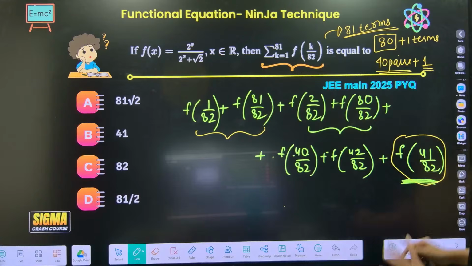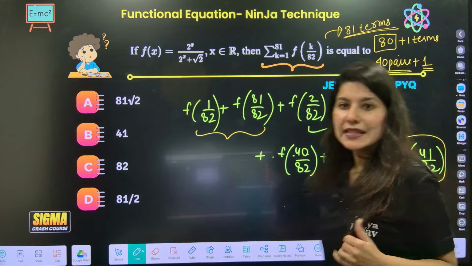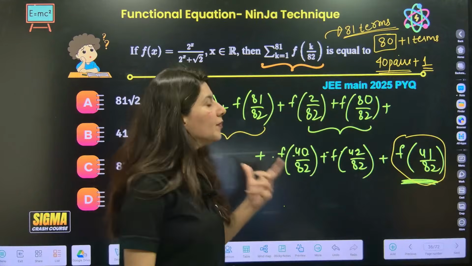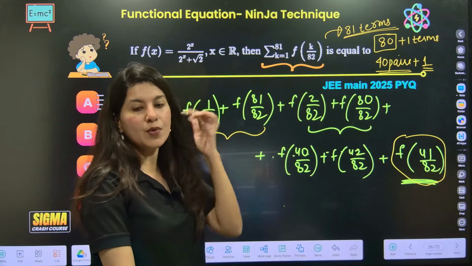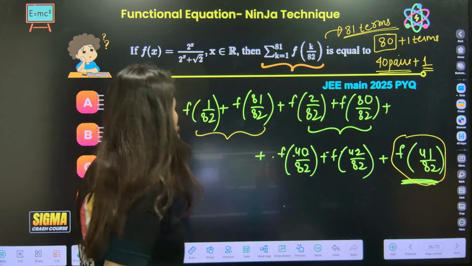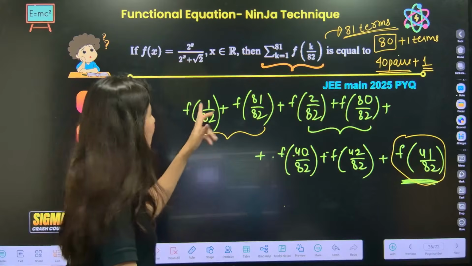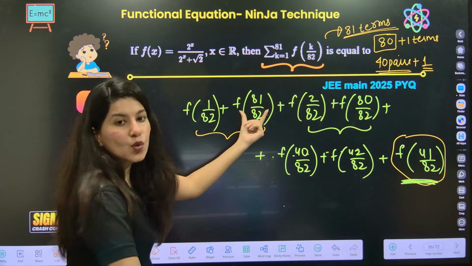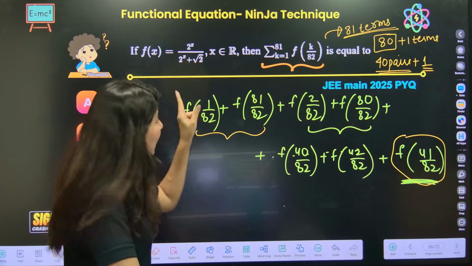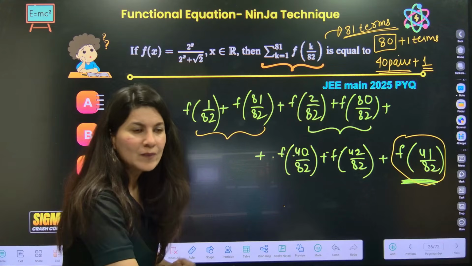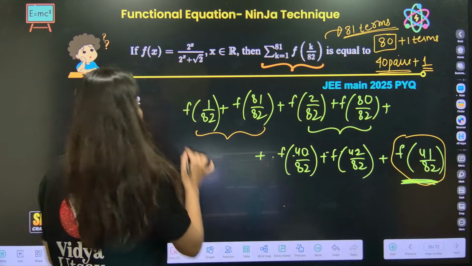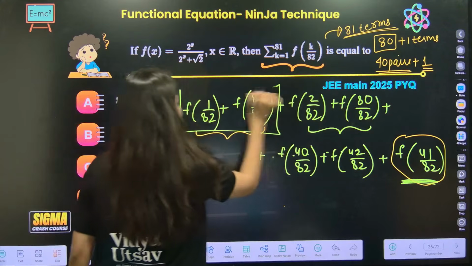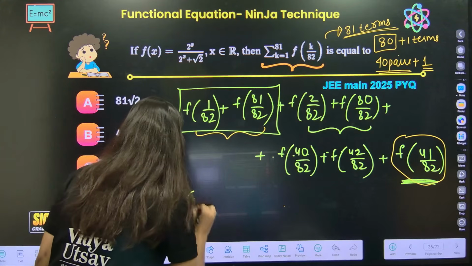Okay, we'll talk about this left out term a little later and we'll focus on all the pairs. Can you see a proper pattern in all the pairs, my dear students? 1 and then 81. If you add these two, what are you going to get? You are going to get 82 by 82, which is 1. So basically what I'm trying to say is all these pairs are giving you this f of x.